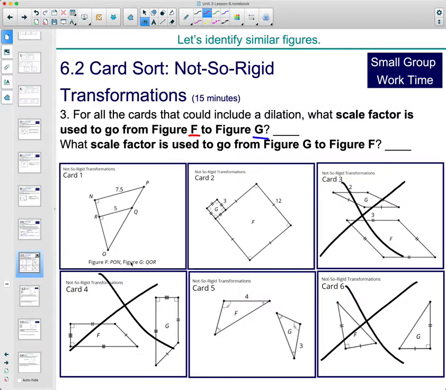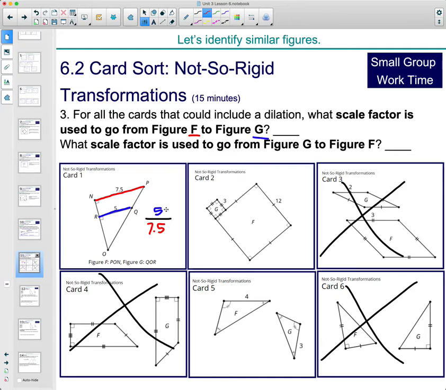Looking in this one, F is that PON triangle. So here's the side in F. Here's the side in G. So remember, to figure out the scale factor to go from F to G, we take the image divided by the original. We're going to take the image, where we're trying to go, divided by what we have.